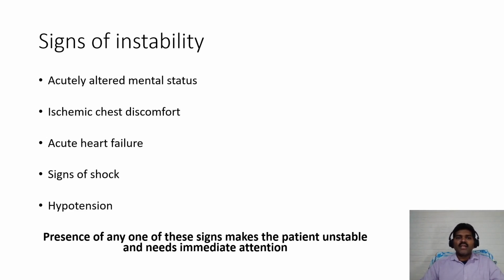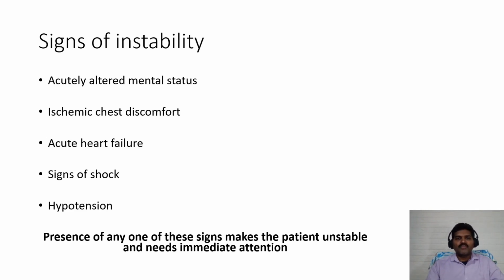Acute heart failure: because of this increased demand and reduced supply, demand-supply imbalance, the heart can give way, giving rise to acute heart failure. There is left ventricular failure. Signs of shock: as perfusion decreases, there will be signs of shock, and hypotension is a late feature. If any one of these five signs is present, the patient is said to be unstable.